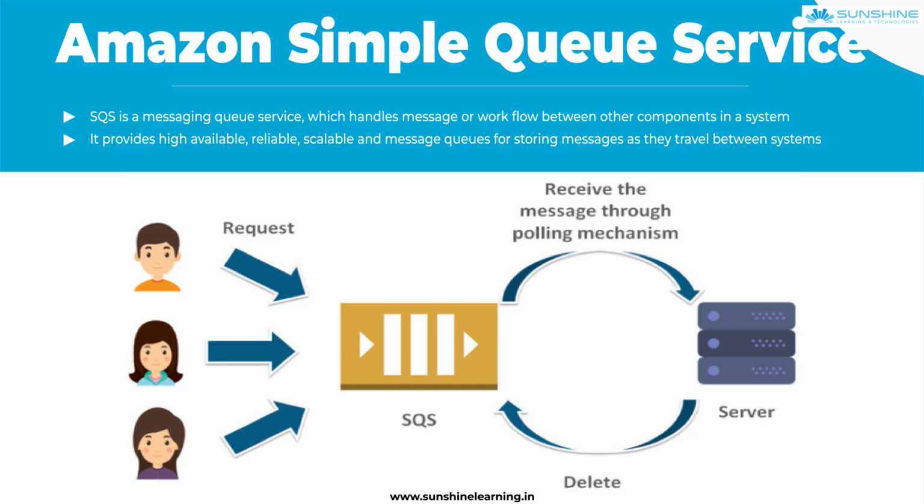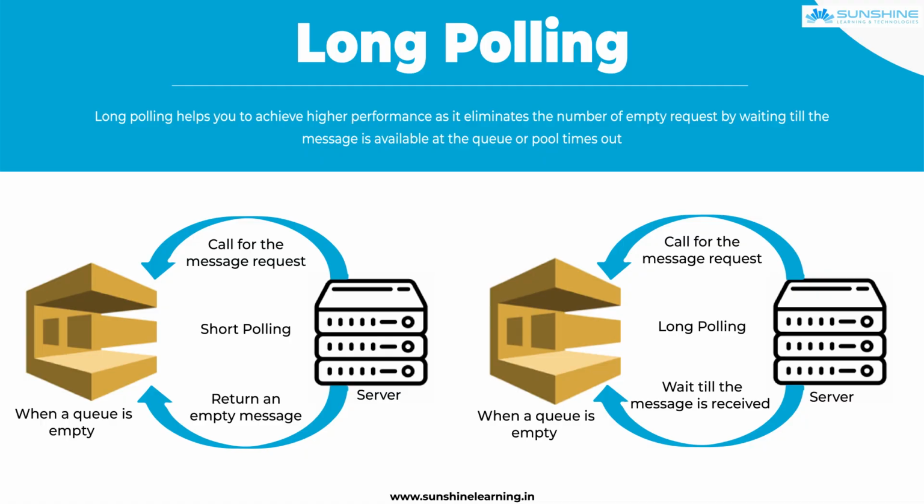And their backend team is going to retrieve those messages from the queue and process accordingly. So likewise, I would suggest you read some case studies for the SQS also.